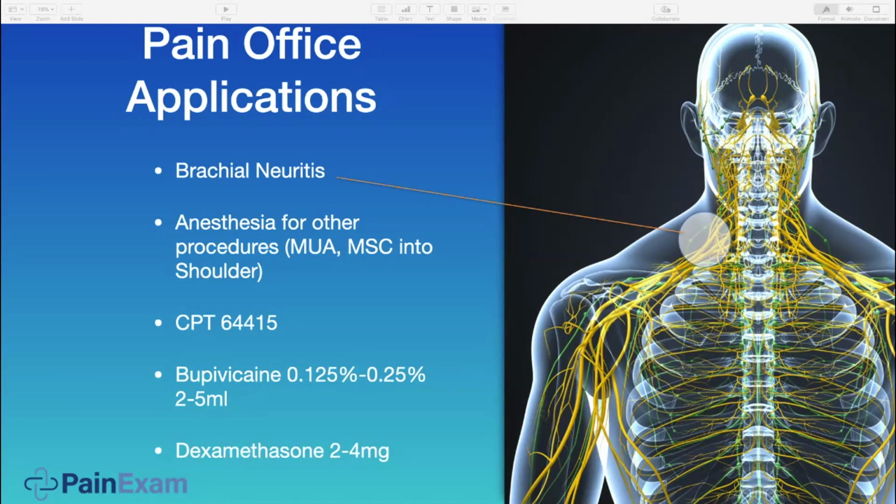But this is something that you're watching. You have airway equipment. This is in the operating room. In my office, I'm not doing that. If they have shortness of breath, I've never seen it actually, but they're getting observed. I've never seen shortness of breath after an interscalene block in my office.